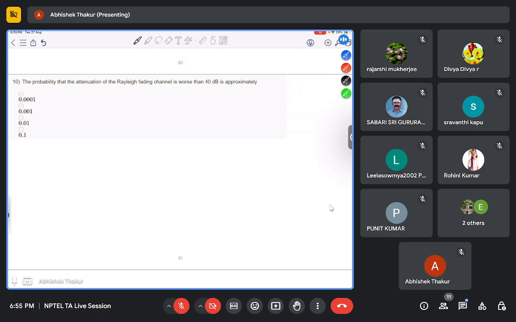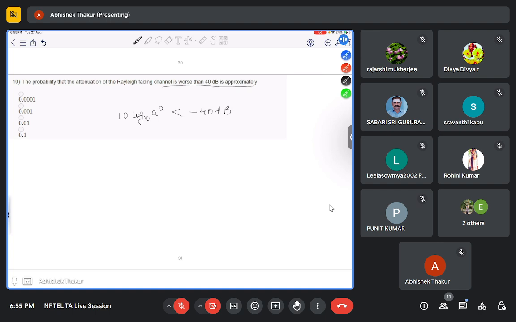We know it can be calculated as 10 log 10 of the attenuation A. It should be less than minus 40 dB, so it is worse than 40 dB.